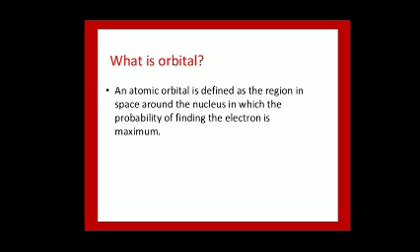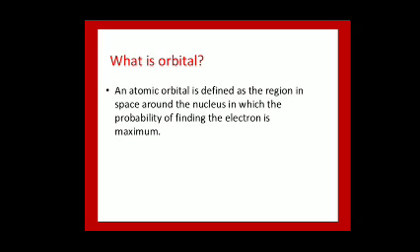The region around the nucleus where the probability of finding an electron is maximum is called an orbital. The probability of finding the electron in an orbital is 95%.